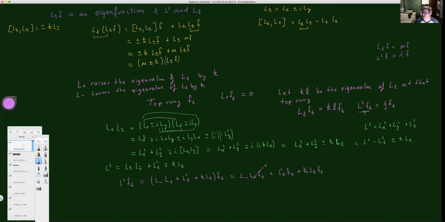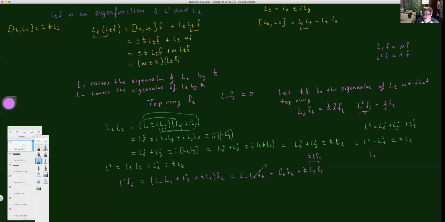Okay, but we know what these do, right? This one here is h bar l f_t. This one here is two applications of Lz. So Lz f_t gives us h bar l f_t, then apply again, and you get h bar squared l squared. I'll just do it real quick here.